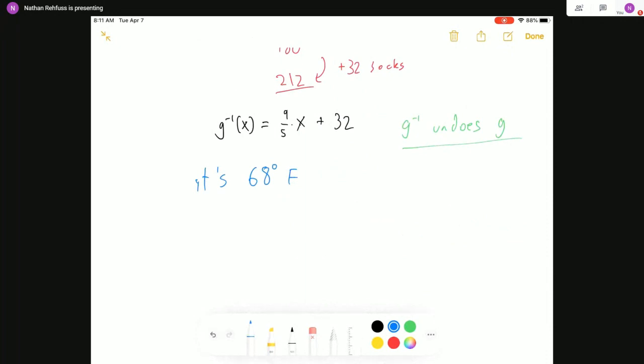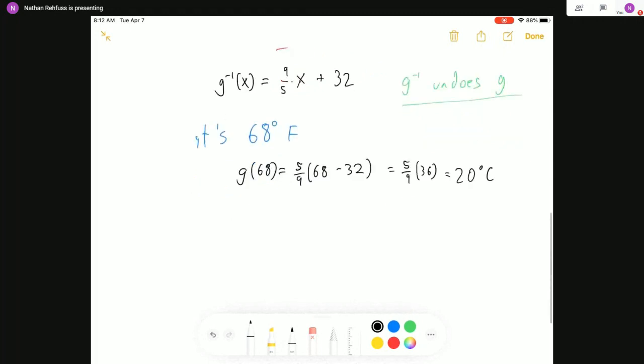So if I want to convert that Fahrenheit to Celsius, I can put it into G. G of 68 is 5/9 of 68 minus 32. Whoops, that should be in the parentheses here. So 68 minus 32 is 36. So this is 5/9 of 36. Nice thing is that's divisible by 9. 36 over 9 is 4, times 5 is 20. So I could tell my friend in Germany that it is 20 degrees Celsius.